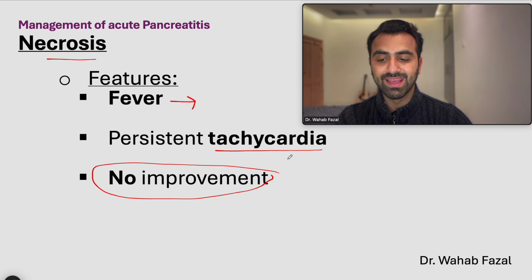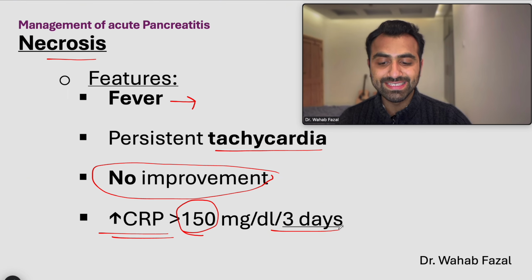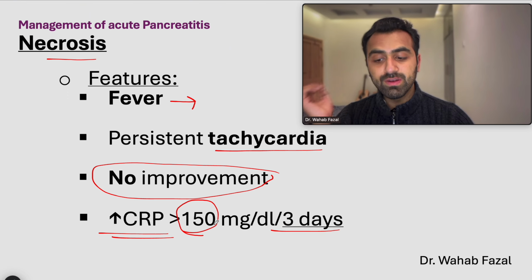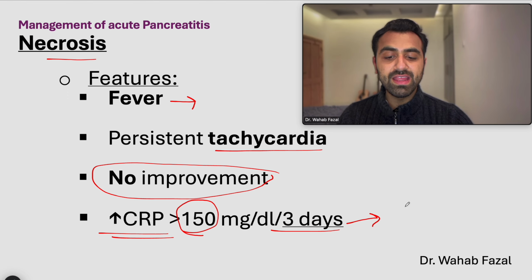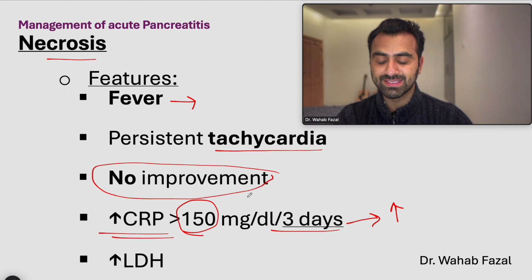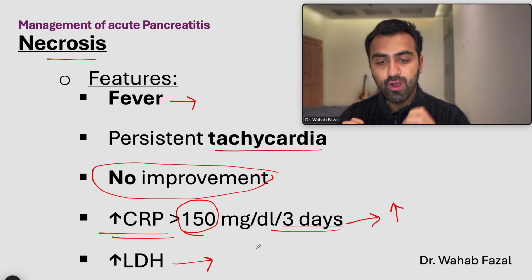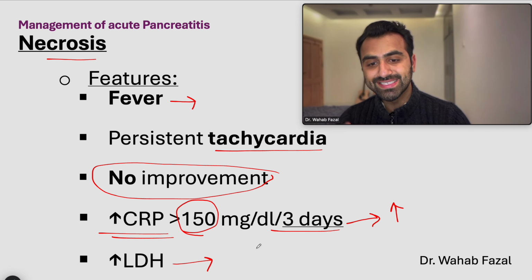And a very specific marker is an increase of CRP greater than 150 over 3 days. Basically, if you're getting increasing CRP and even more than 150, that is very specific for necrotizing pancreatitis or necrosis inside the pancreas. And if you're getting high levels of LDH, that means necrosis is happening and the LDH is being released from those pancreatic tissue cells into the blood.